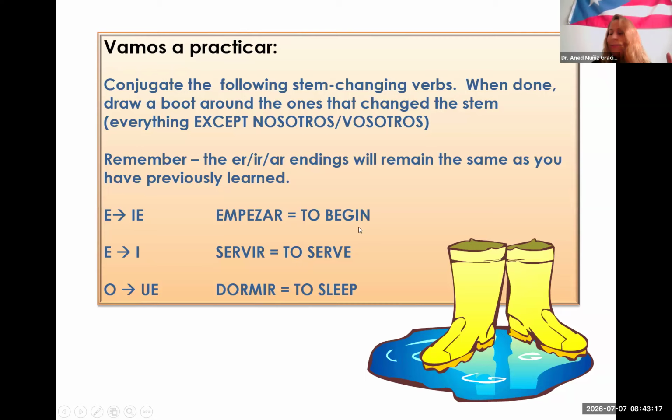And again, I'm saying it fast, but the idea is that you do this by hand. So again, a very good strategy that always worked for me. Do this yourself. Do the conjugations by hand. Sometimes you can be looking at the model and kind of copy and then do another one without looking and then check if you did it correctly. So you can conjugate these verbs or any other stem changing verb.